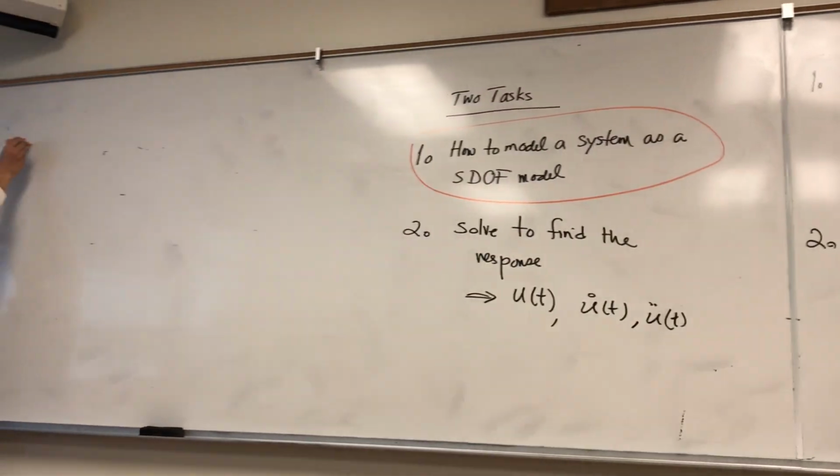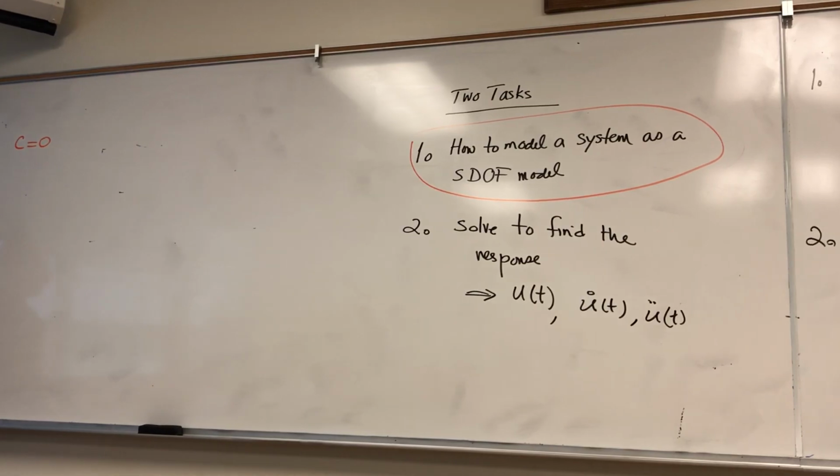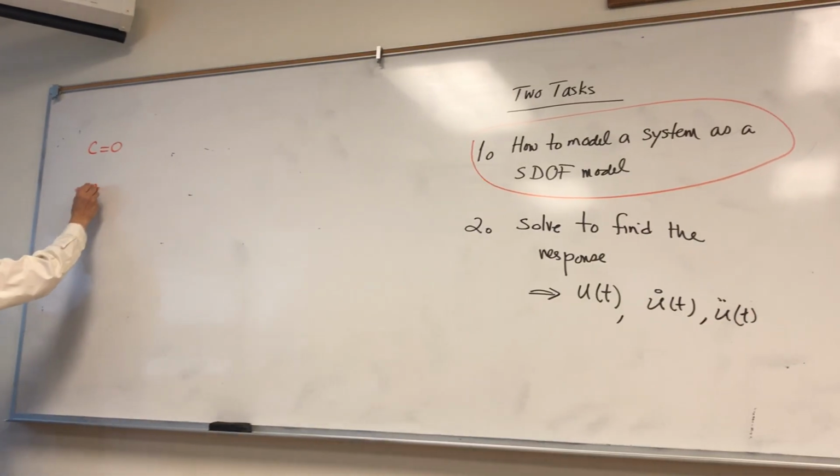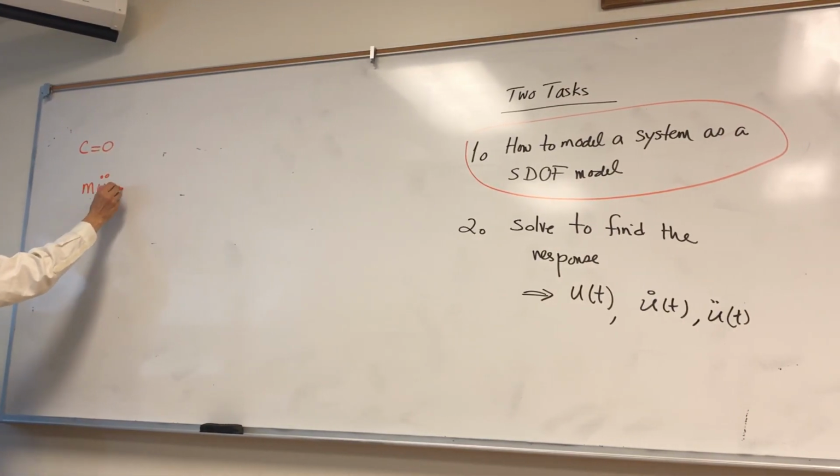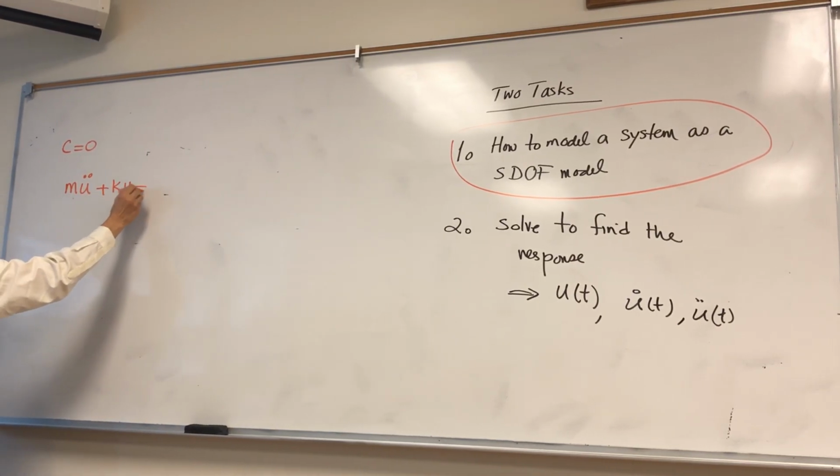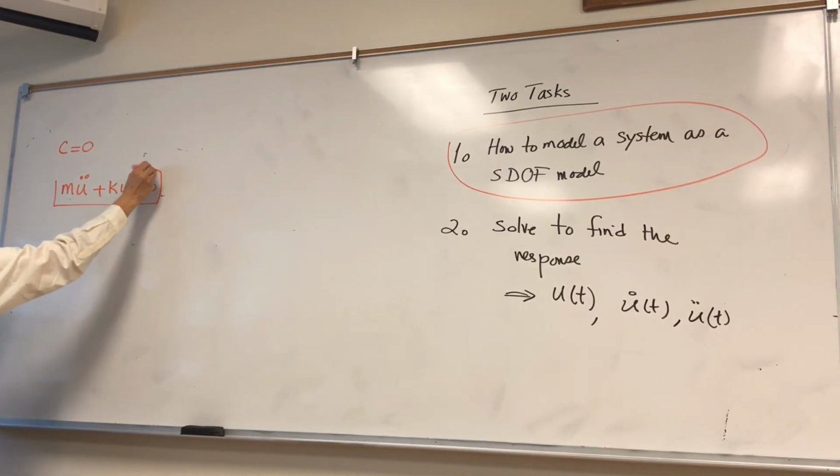We are going to assume that the damping is zero. Therefore, the equation of motion will reduce to something like this, okay?